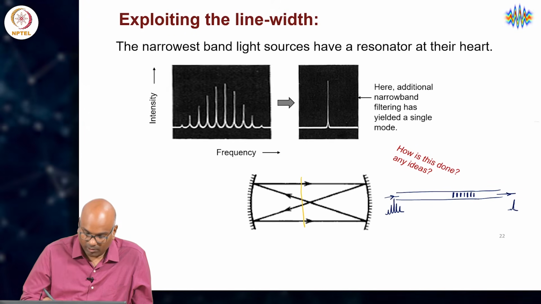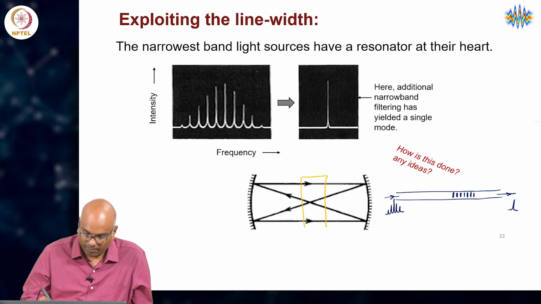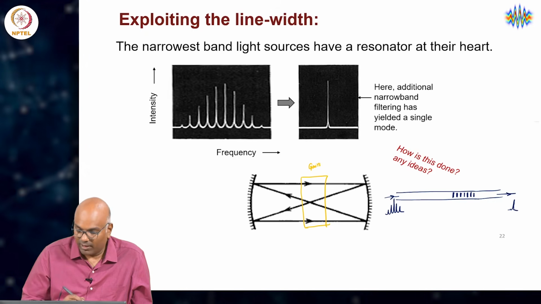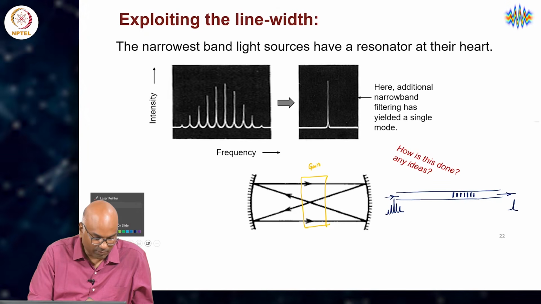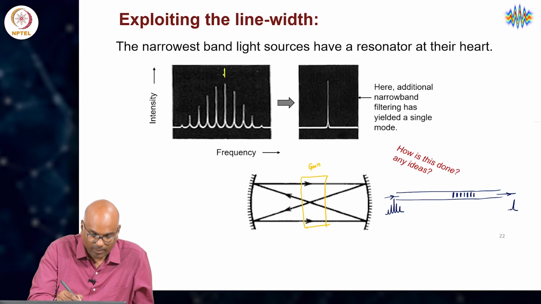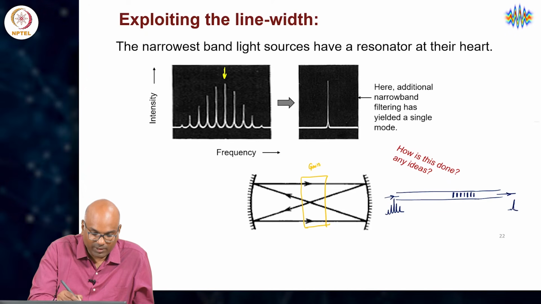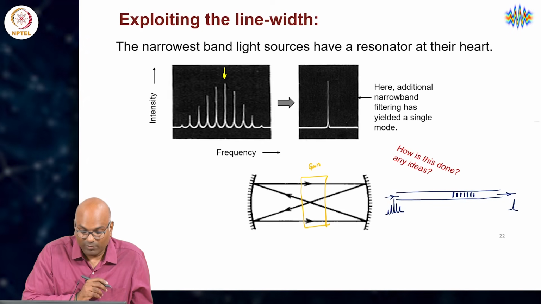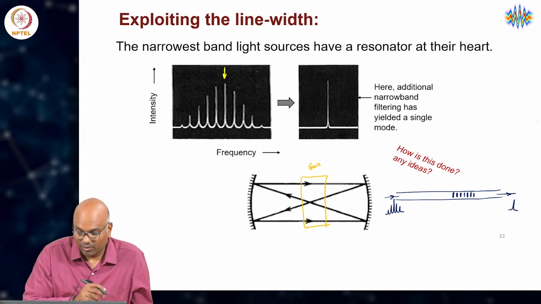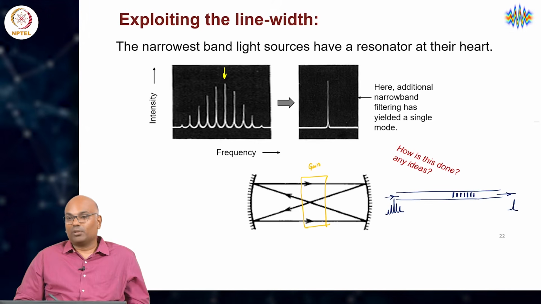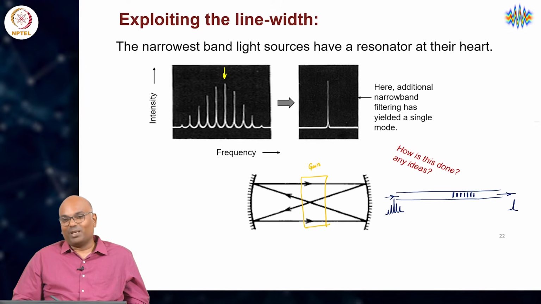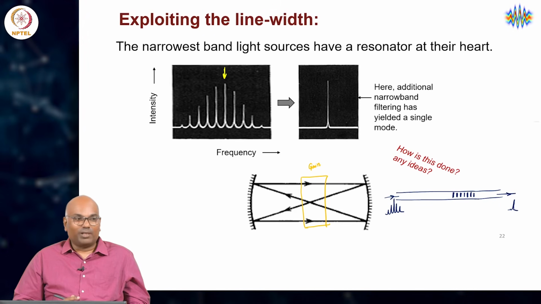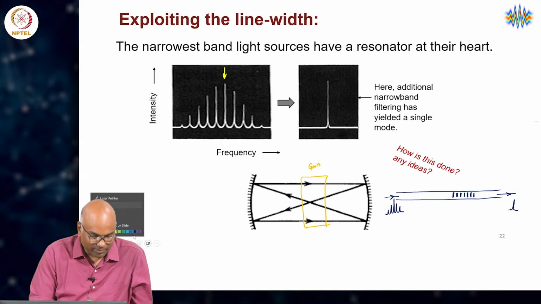So, Prakhar wants a gain medium with such a narrow gain that it picks only one of these frequencies out, so that only that frequency will lase out. So, now you have to find such a gain medium, and Ritesh has to find such a fiber and a Bragg grating.